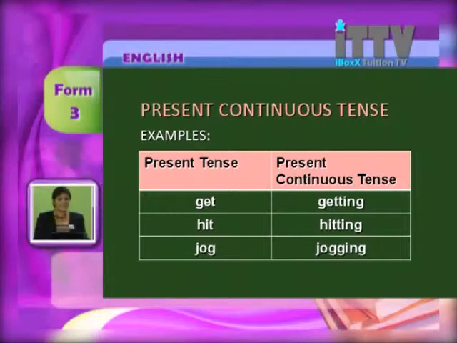And it ends with a consonant, which is a T. The syllable is normally short or one, which is get, one syllable. Hit, which is one. Jog, which is one. So just to recap again, some characteristics of these verbs, which are very short, have just one vowel in between, and normally end with a consonant.